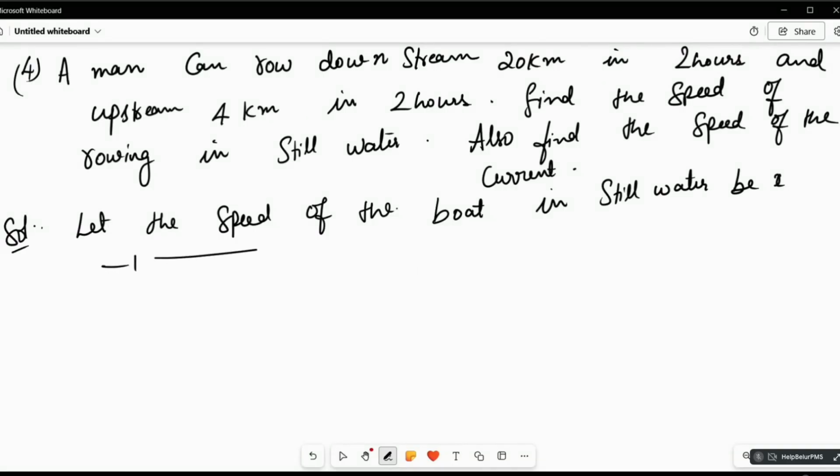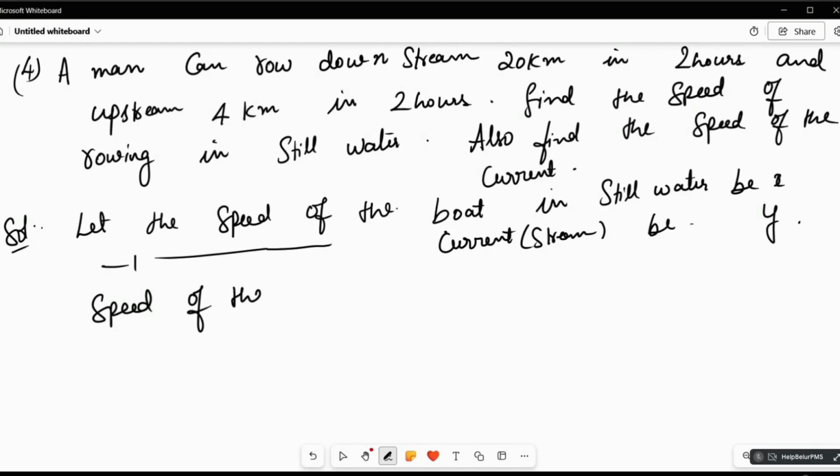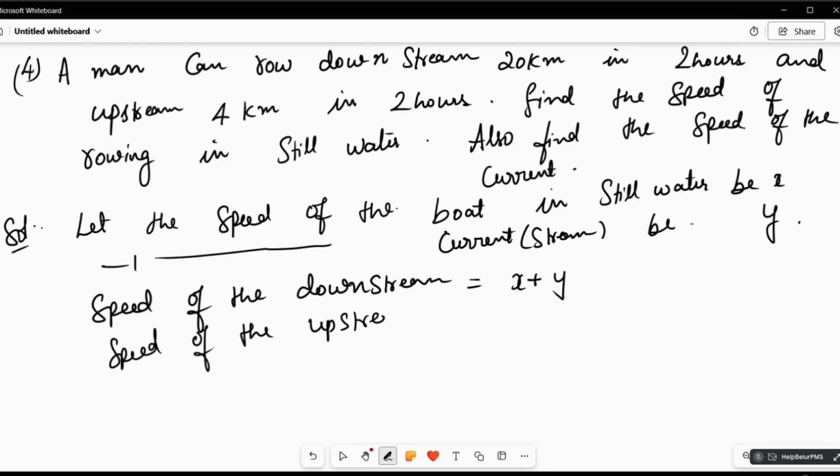And the speed of the current, that is the river or stream, you can write it as stream y. So speed, write down this, I'll explain. Speed of the downstream is equal to x plus y. Speed of the upstream is equal to x minus y.